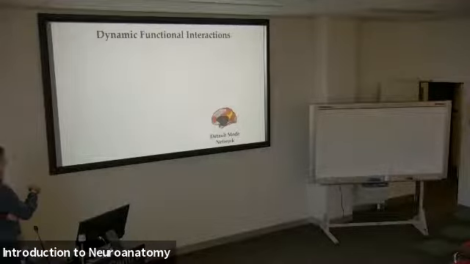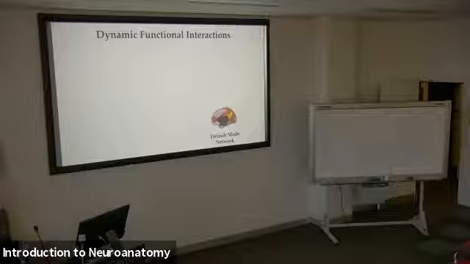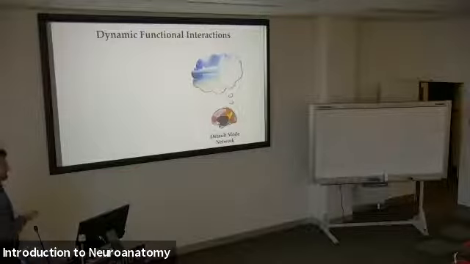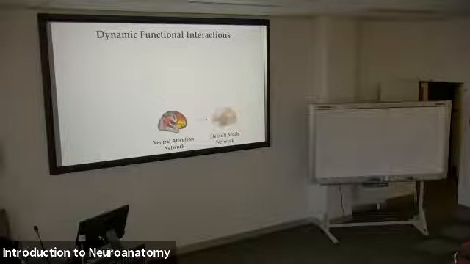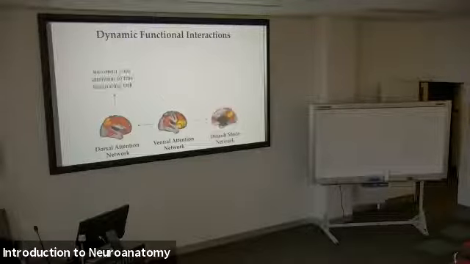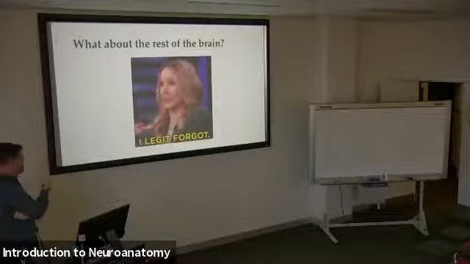To give you a more intuitive framework, imagine by this point we've been talking for 40 minutes, you're really bored, you're starting to think about how nice it would be to be outside in this beautiful weather, but then the beauty of the slides I'm presenting catches your attention. That recruits your ventral attention network to inhibit your mind wandering, and then you recruit your dorsal attention network to pay attention to the task again. So your brain is constantly shifting back and forth between these different modes of processing.